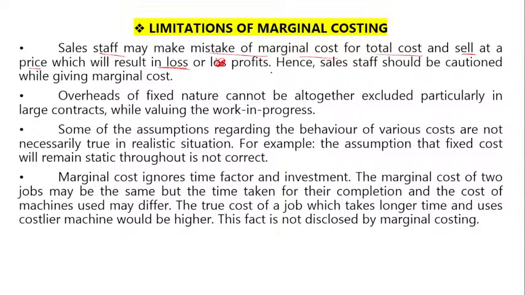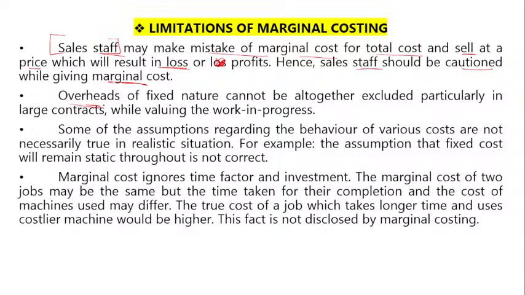Hence sales staff should be coached while giving the marginal costing. Sales staff get confused, they do not actually get a true picture, they do not understand this. So they need to be coached while calculating the marginal costing.